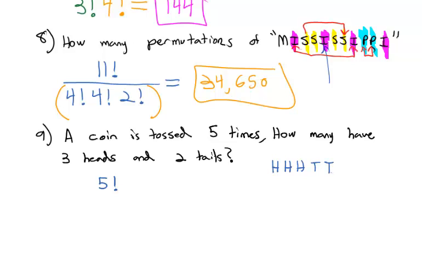And we're going to say the order matters here. We want to do all the different arrangements, but we've got a repeat of 3 heads, so we've got to divide out the 3 factorial, and a repeat of 2 tails. Divide out the 2 factorial, just like the Mississippi problem.